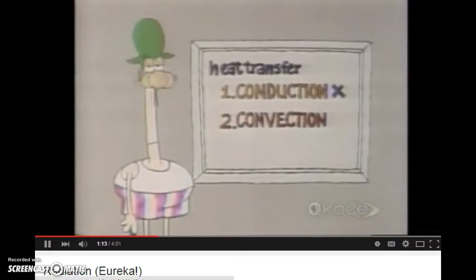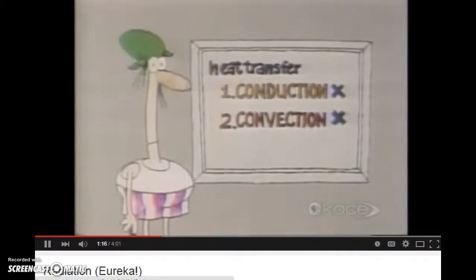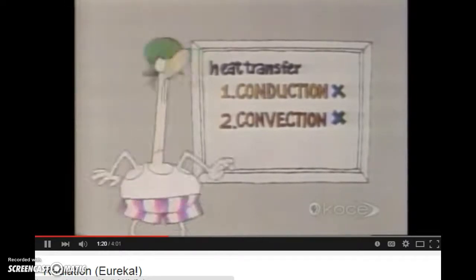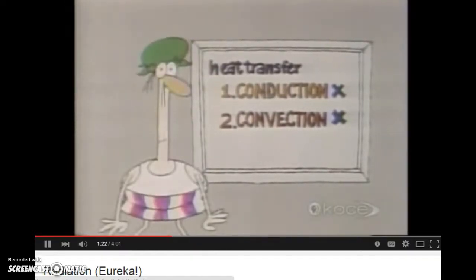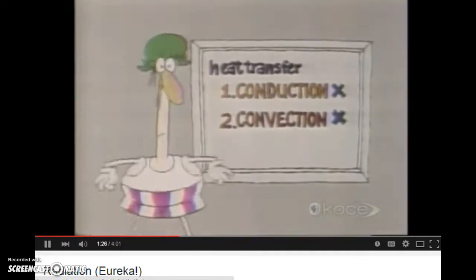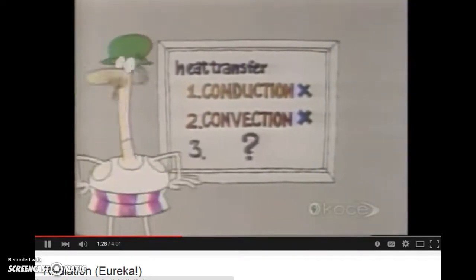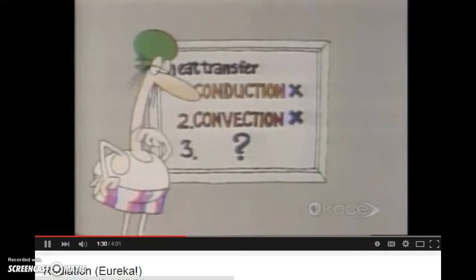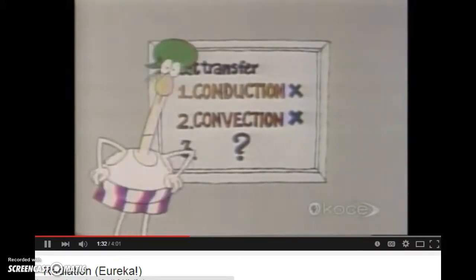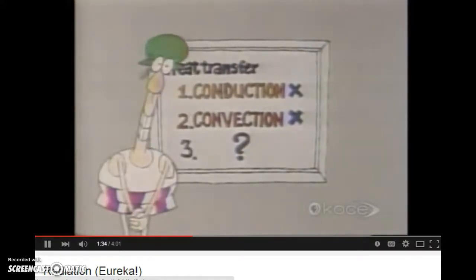So that's how we know there had to be a third form. Because there's nothing out in outer space to do the convection, but the sun still feels hot. So then we go into how is that possible? The third way, of course, is radiation.